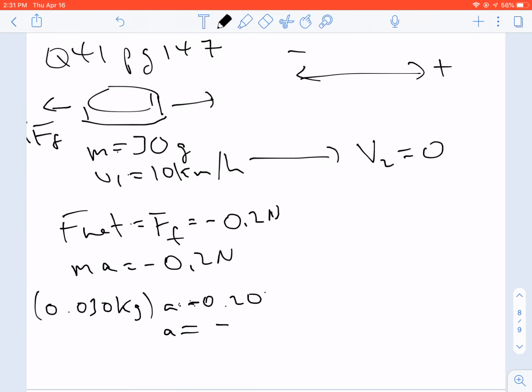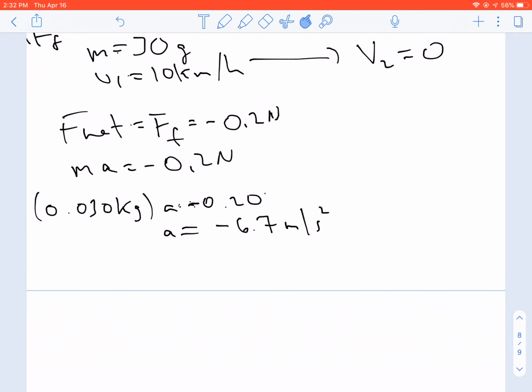Force is negative 0.2, so the acceleration is negative 6.7 meters per second squared. Okay, now I know the rate of acceleration. I can use that and the data up top there to determine some of the other parts of this question.